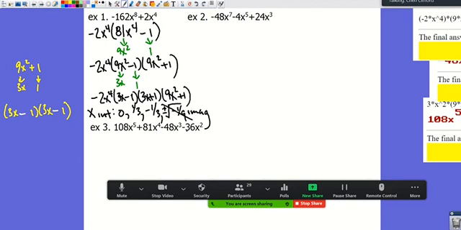Do a double plus. Okay, Devin wants me to do a double plus. So I'm going to do double plus. Boom, boom, becomes 9x squared plus 3x. Boom, boom, becomes plus 3x plus 1. Devin, you see what happens there?